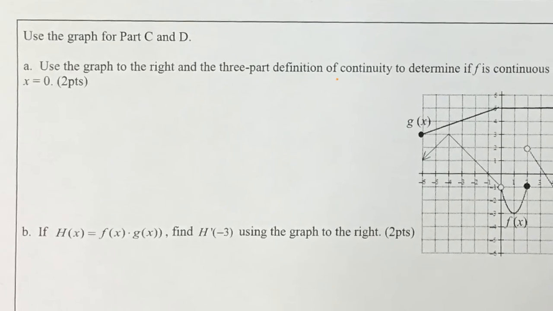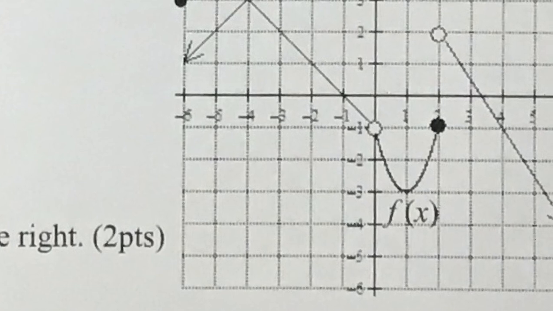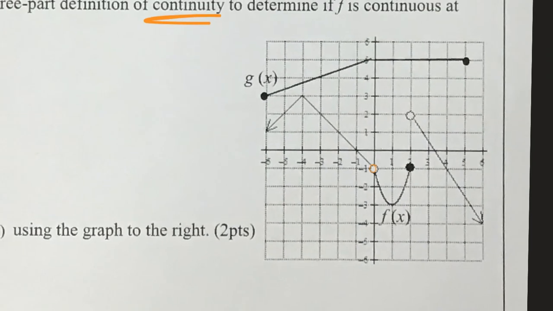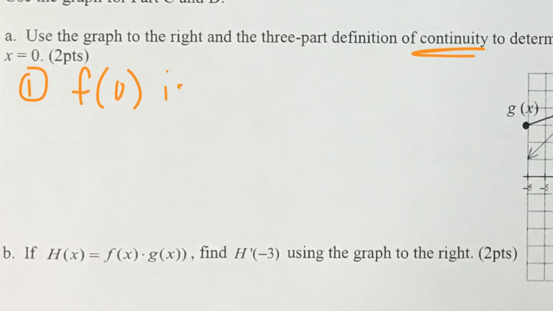The three-part definition of continuity. Okay, so number one, the first thing is that f of 0 exists. Or rather, does it exist? Is there a y value when x is 0? Yes. Oh. No. No. So f of 0 is undefined.